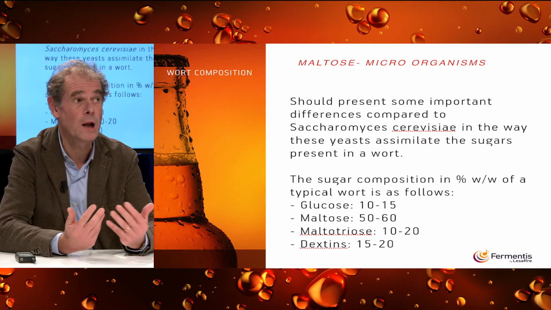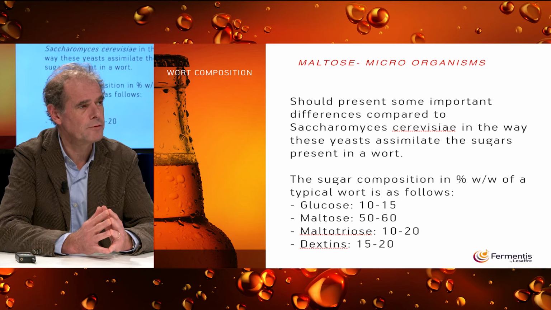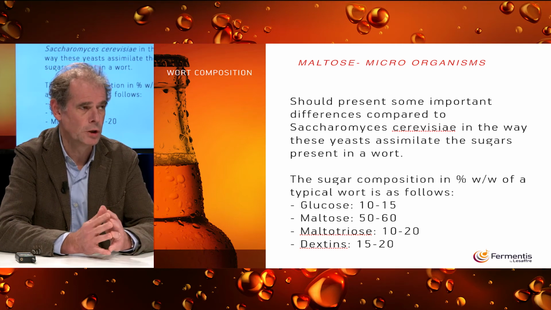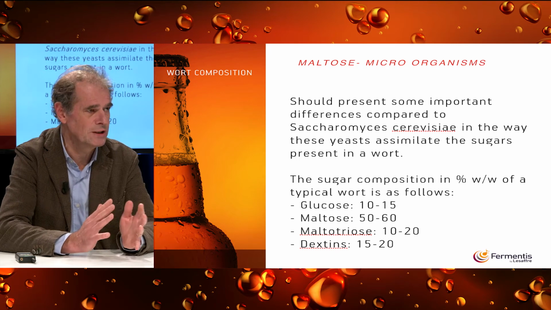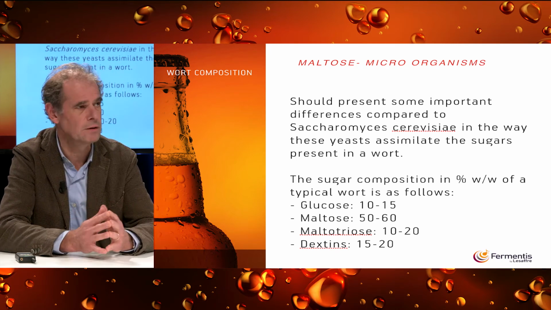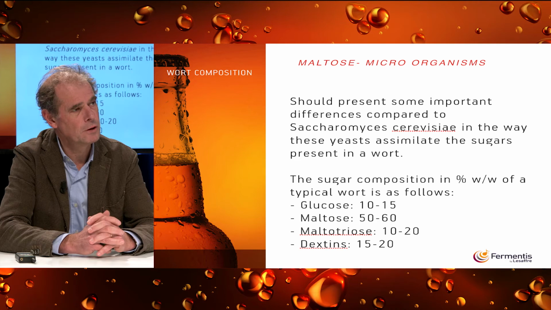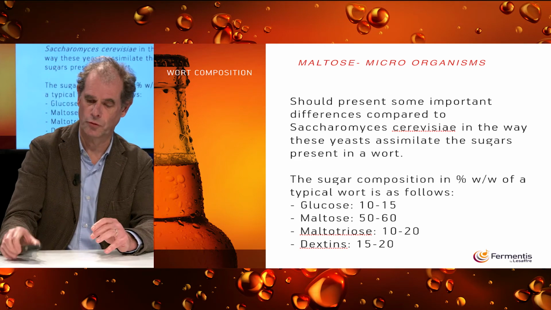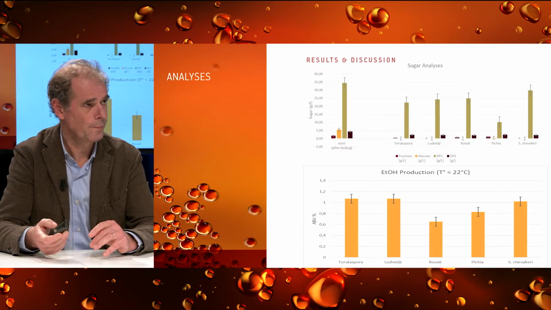Maltose is the largest part of the sugar, between 50 and 60. The maltotriose could be between 10 and 20%, and the dextrin, which is the higher-level sugar, between 15 and 20% in weight.